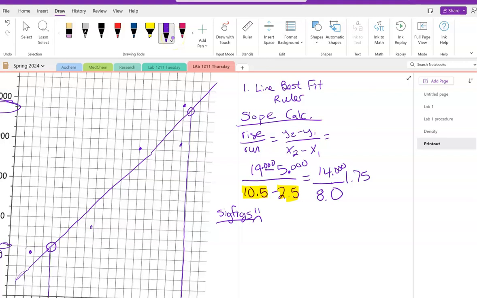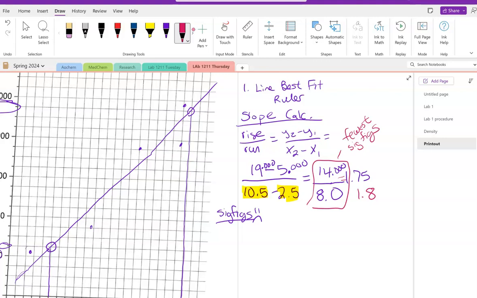Now we take this math, and remember when you're doing multiplication and division, it's fewest sig figs to get your final answer. So my final answer should not be 1.75. This one I would round up to 1.8, but if you left it at 1.7, because that 5 goes either way, you would be fine. We can't leave any number hanging.